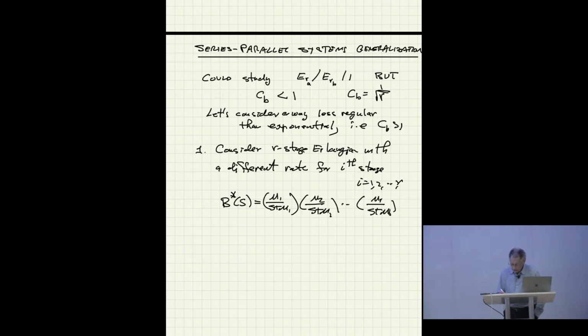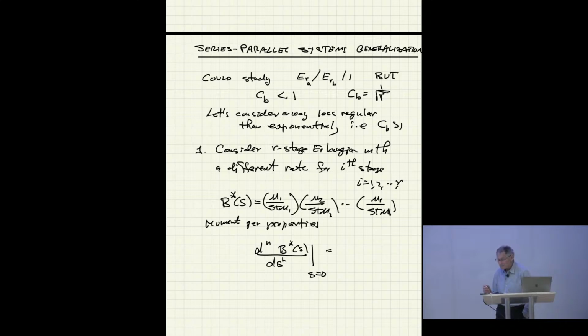From the moment generating properties, after I want to find out what the coefficient of variation is, moment generating properties of B star will allow me to calculate them. Namely, as you recall, the nth derivative of B star of S at S equals 0 is, anybody remember what it is in terms of moments?